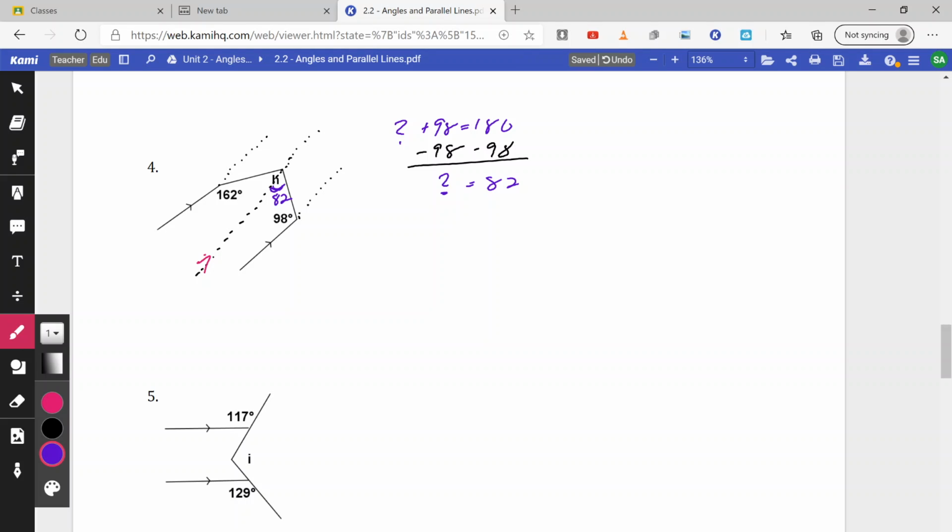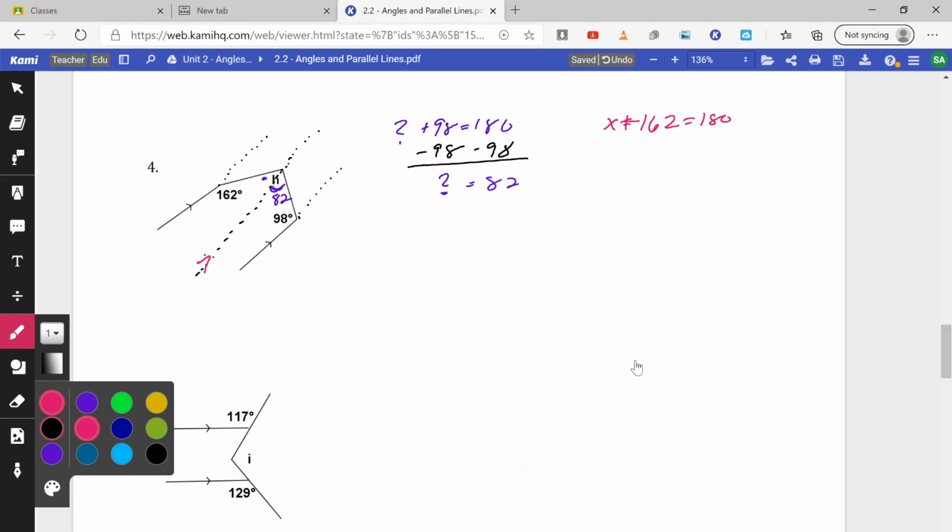And then the same thing up here, we're told this part is 162. So we need to find the missing part up here on the inside to find the second part. Again, they are consecutive interior angles. So our other missing piece, we'll use X this time, plus 162 is 180.